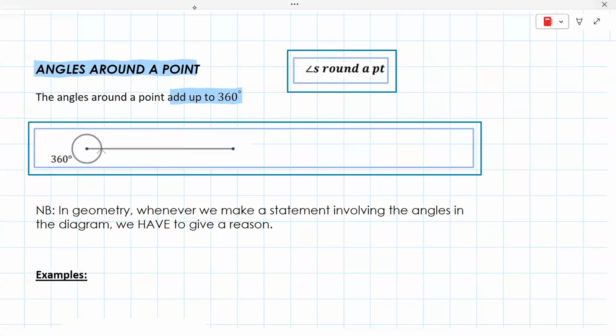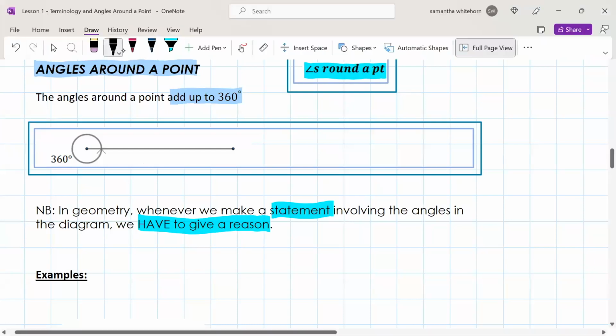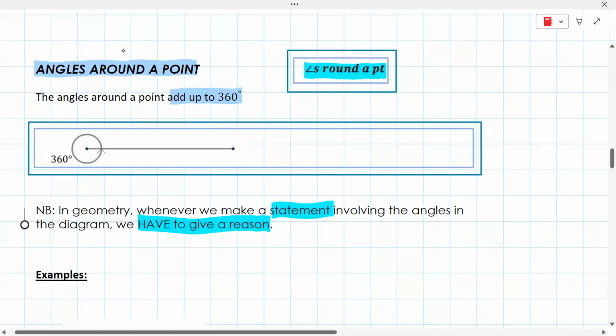Now, very importantly, grade 8, in geometry, whenever we make a statement, we have to give a reason. And what I've got here in the little block is the reason that we are going to use. Whenever we use the characteristic of all angles around a point adding to 360, this is the reason that we will give for why we are saying that. It is because all the angles must add to 360, essentially around a central point or in a circle.